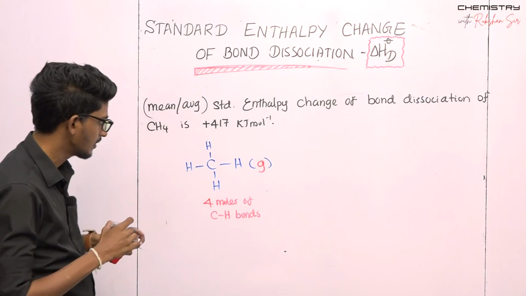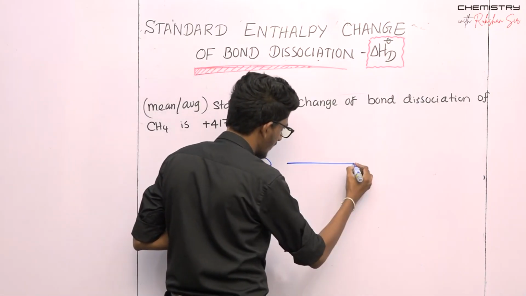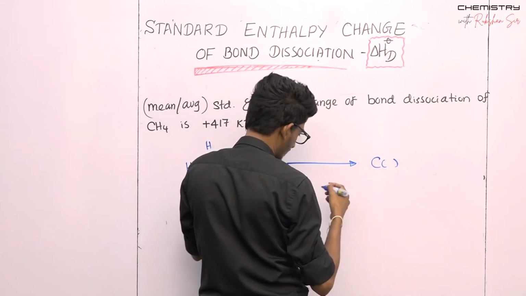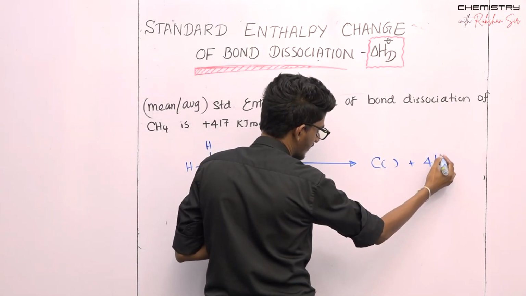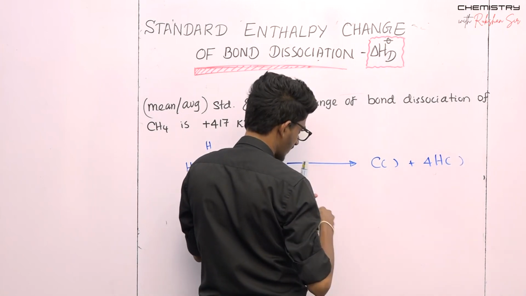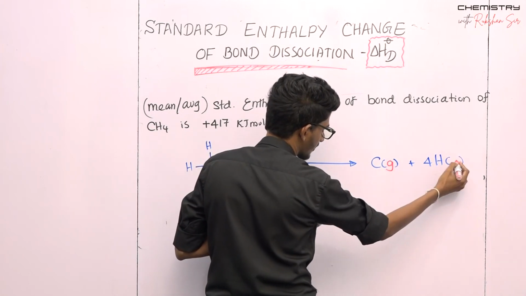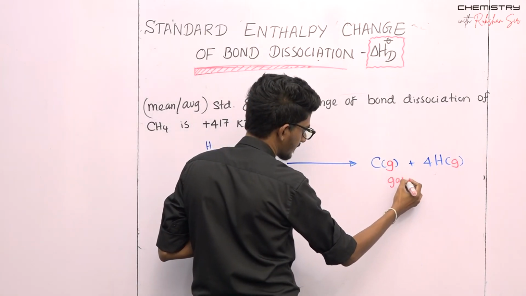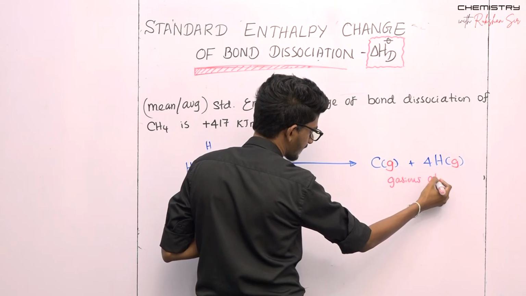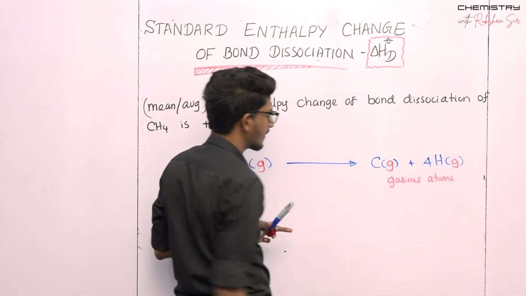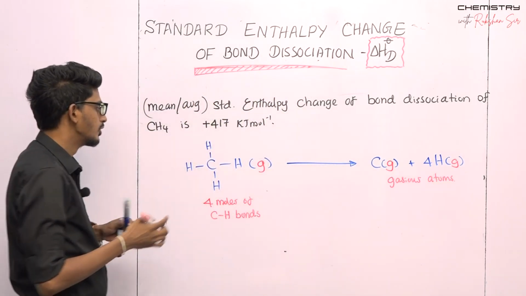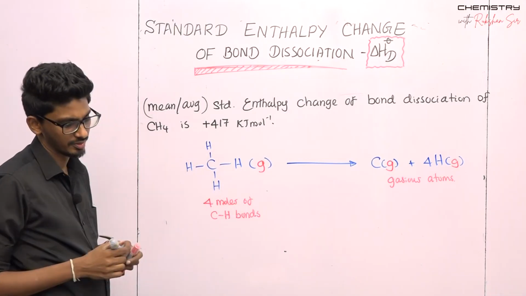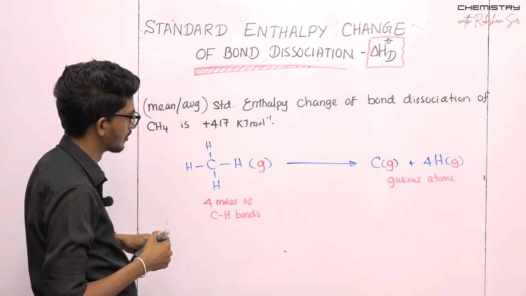To come up with that form, you need to break 4 CH bonds, not 1 but 4 CH bonds.